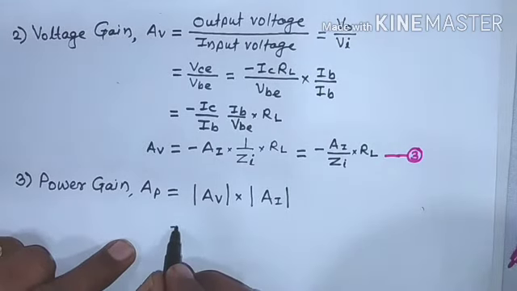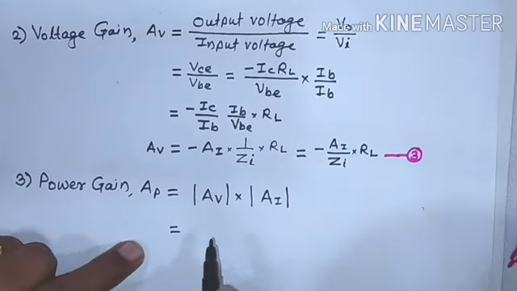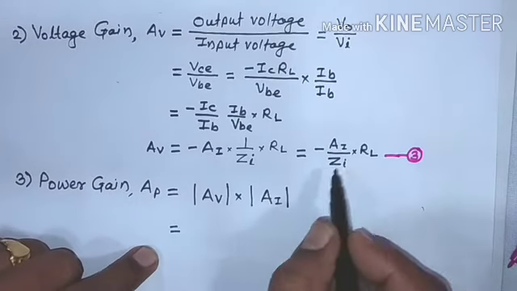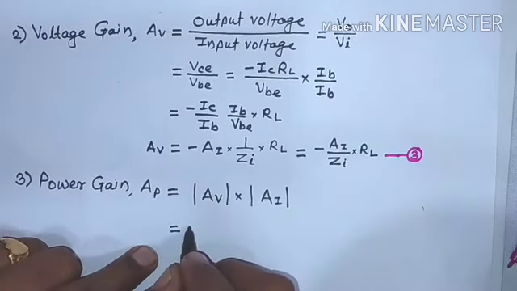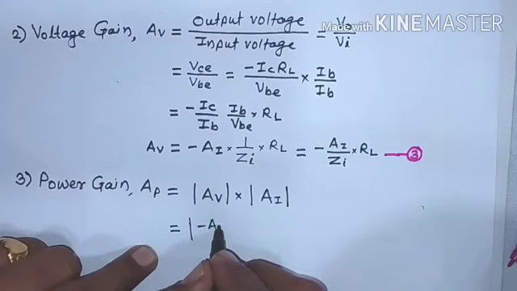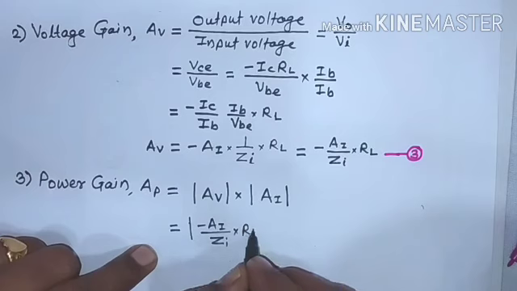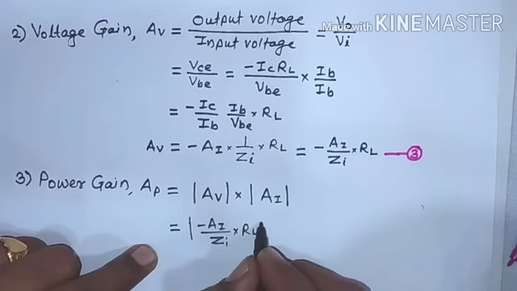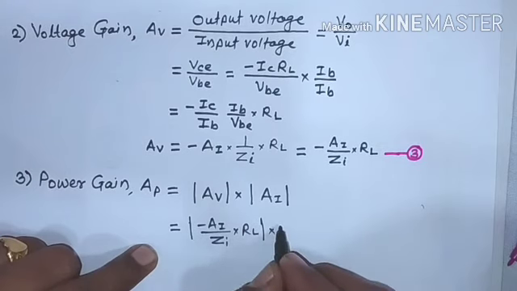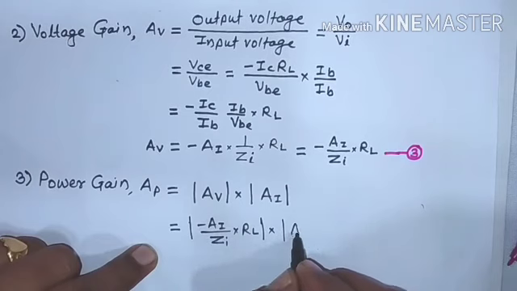Now this same term we can write here AV, as we have this equation, magnitude of minus AI upon ZI into RL. This is the value of AV, and into the value of AI, current gain.